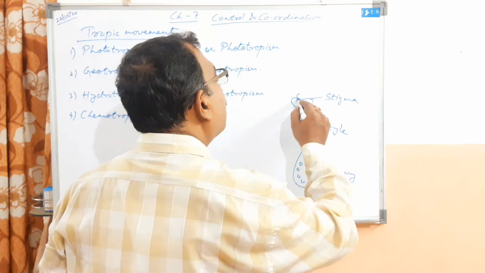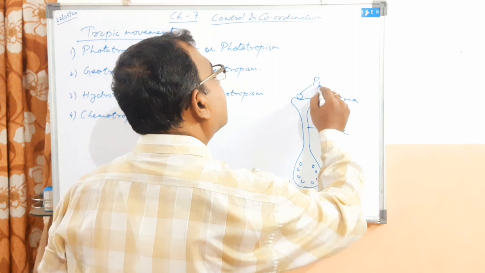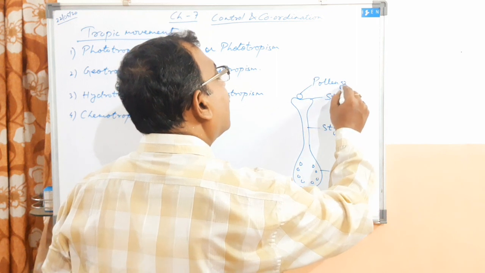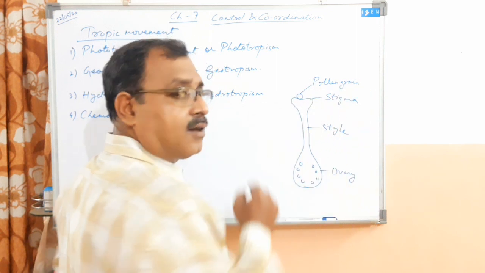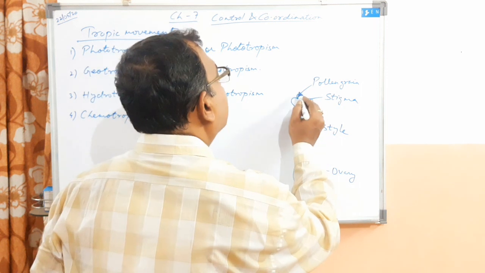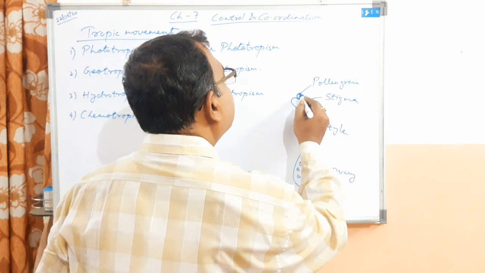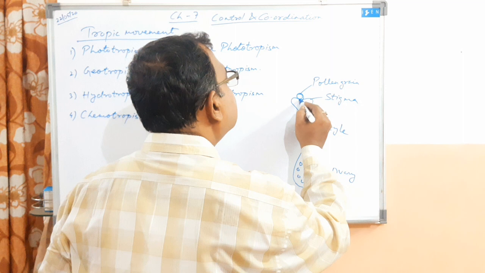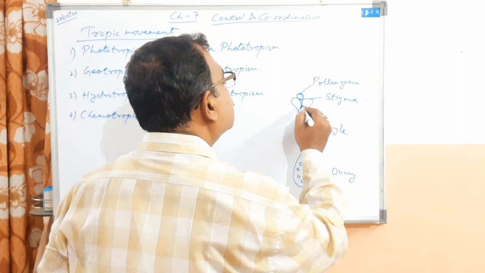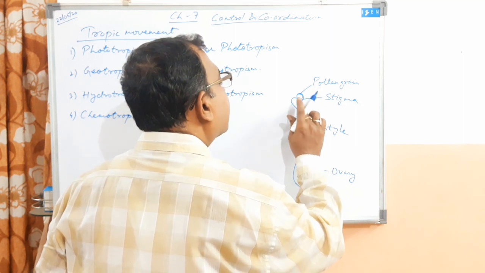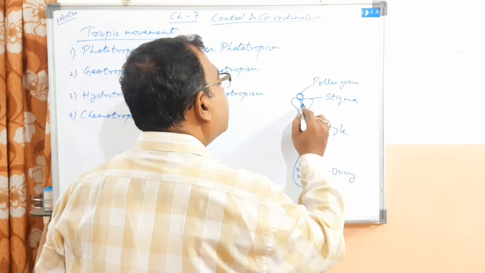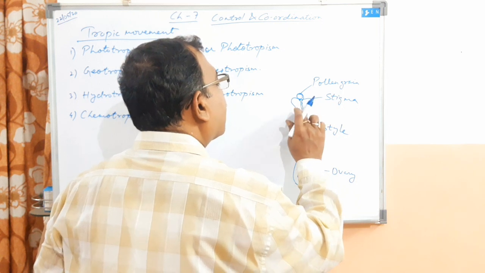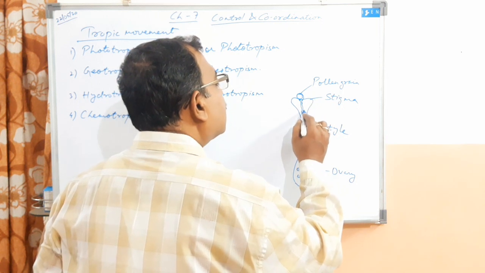So here pollen grains fall and then the outer wall of the pollen grain pierces and this is the pollen tube which grows. Again it becomes longer. Again it becomes longer.